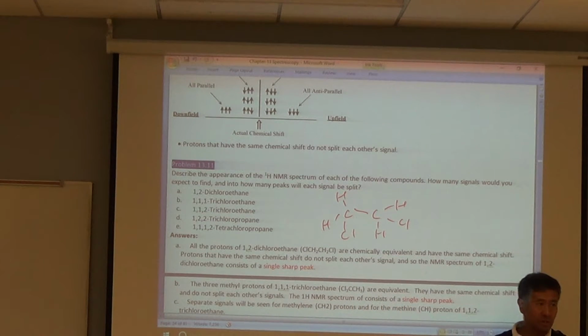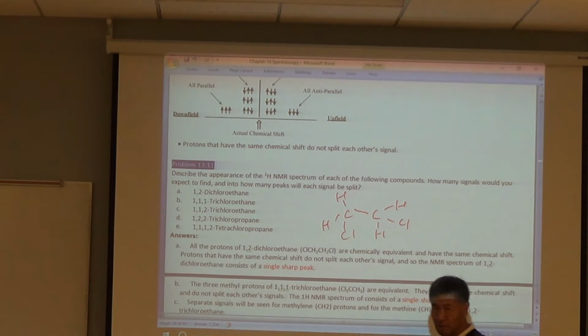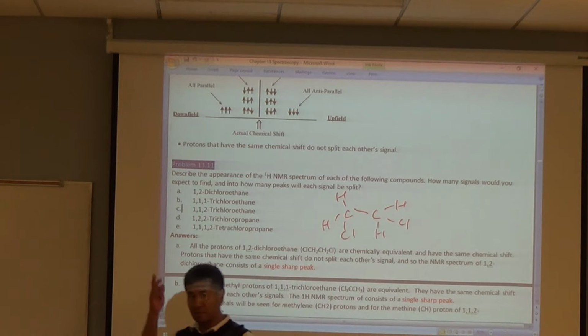Actually all the H here are the same, and the same H will not split. So if you run the proton NMR, you only have one signal, with no splitting, no doublet, no triplet, just one single signal.